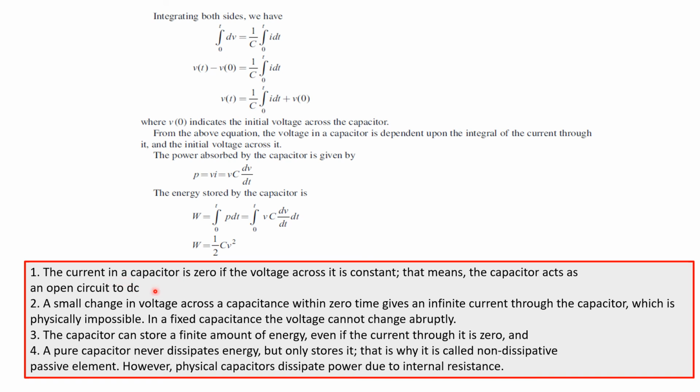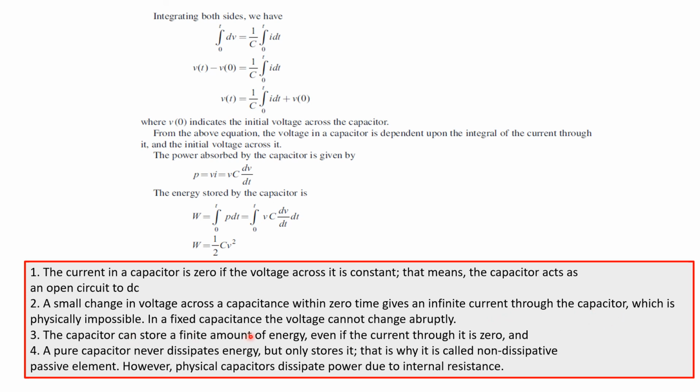The current in a capacitor is 0 if the voltage across it is constant. That means the capacitor acts like an open circuit to DC. A small change in voltage across the capacitance within zero time gives an infinite current through the capacitor, which is physically impossible.